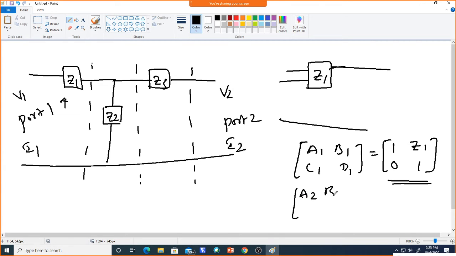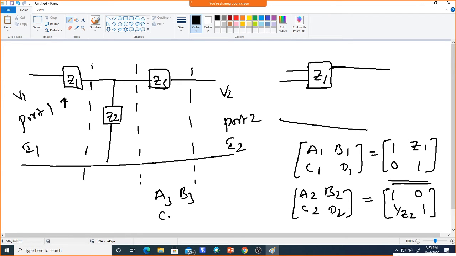A2, B2, C2, D2, which is equal to 1, 0, 1 over Z2, 1. Is it not? Are you getting this one? So now similarly, what is the ABCD of the third network?